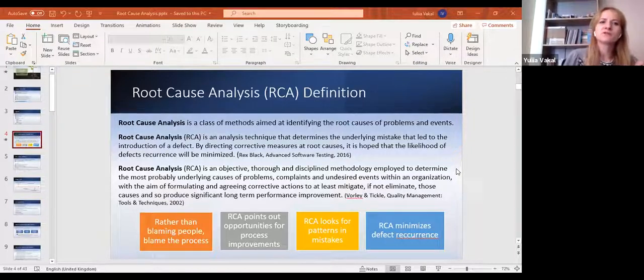Then if you want to read something about implementing root cause analysis in Agile, there is something as well. Oh, that's a good point. There's a good one as well. Let's see if I can find it.